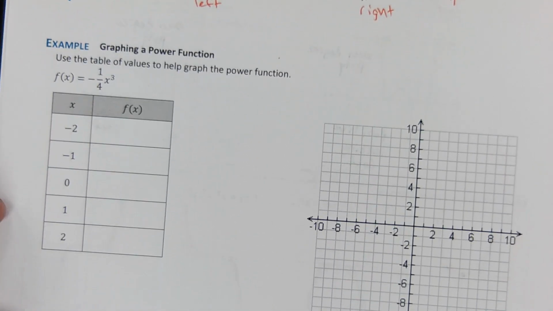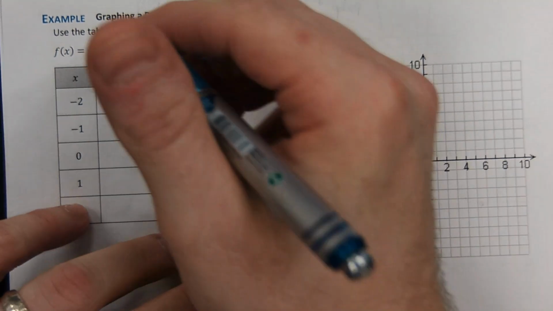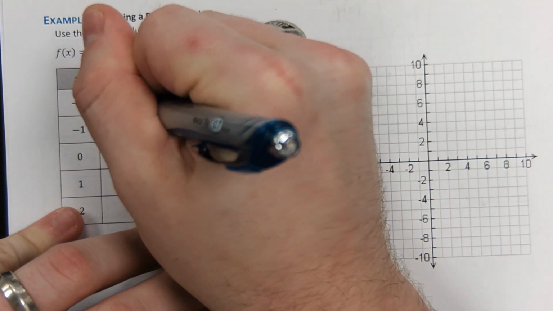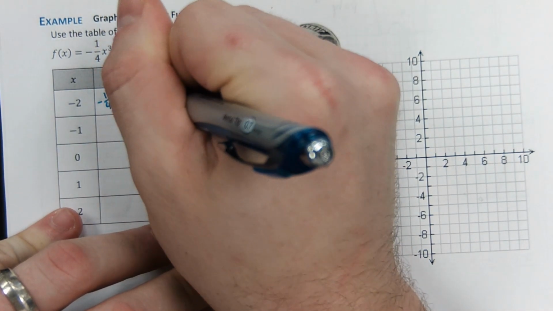Let us go ahead and sketch this cubic. Now, I could have given you more x values, but we'll just do more x values verbally. For now, what are we going to do? Literally take these numbers and plug them into x. If you need to, use a calculator. -1/4 times -2 to the third.